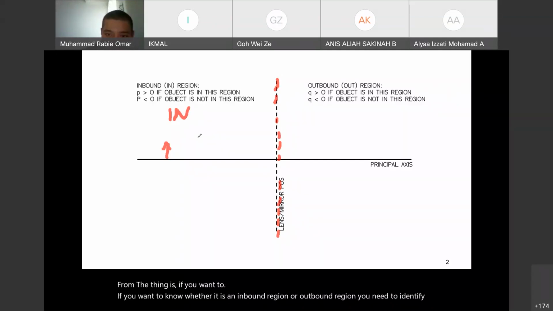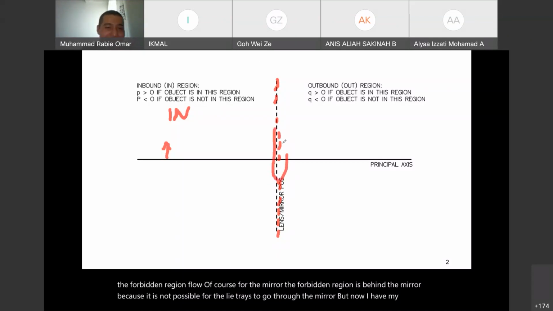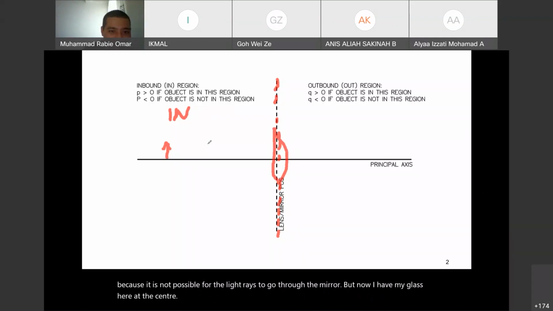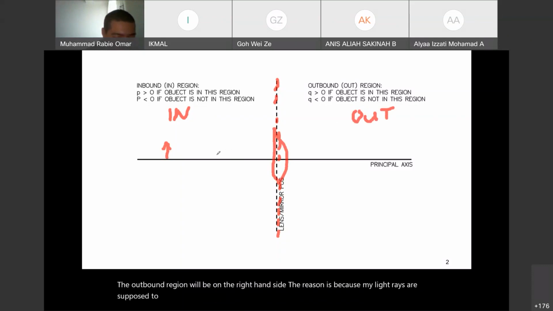So of course, for the mirror, the forbidden region is behind the mirror because it is not possible for the light rays to go through the mirror. But now I have my glass here at the center. The outbound region will be on the right-hand side. The reason is because my light rays are supposed to be penetrating the lens.